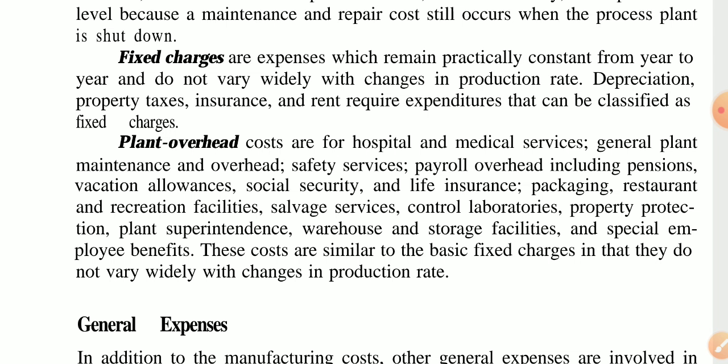The payroll overhead includes pensions, vacation allowance, social security, the restaurants, packaging, insurance, plant superintendence, warehouse and storage facilities, and special employee benefits. These costs are similar to the basic fixed charge in that they do not vary with the change in production rate also.